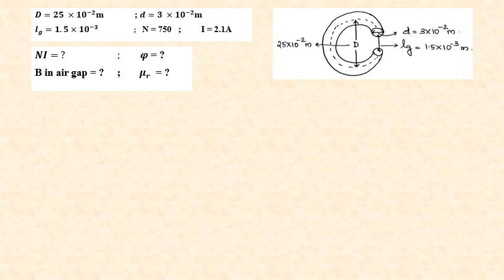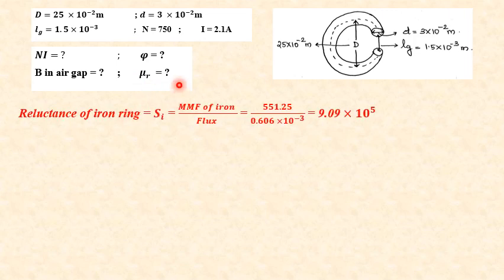Now the next parameter that we have to find is mu r, relative permeability of the iron material. The value of mu r can only be found from the reluctance value. The reluctance of the iron ring Si can be written as MMF of the iron ring divided by flux.